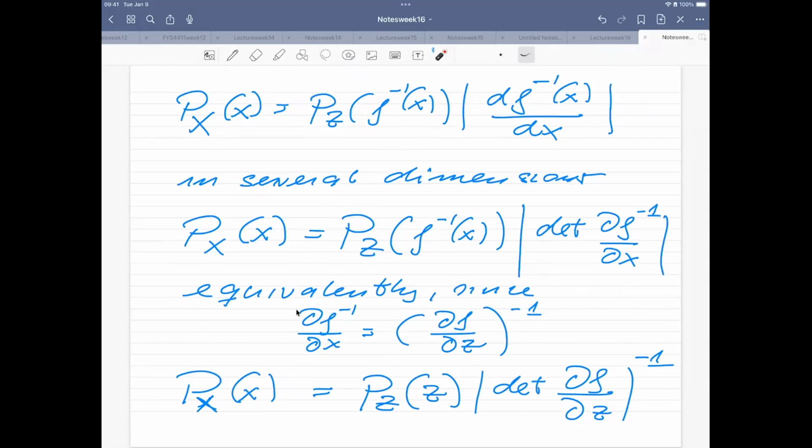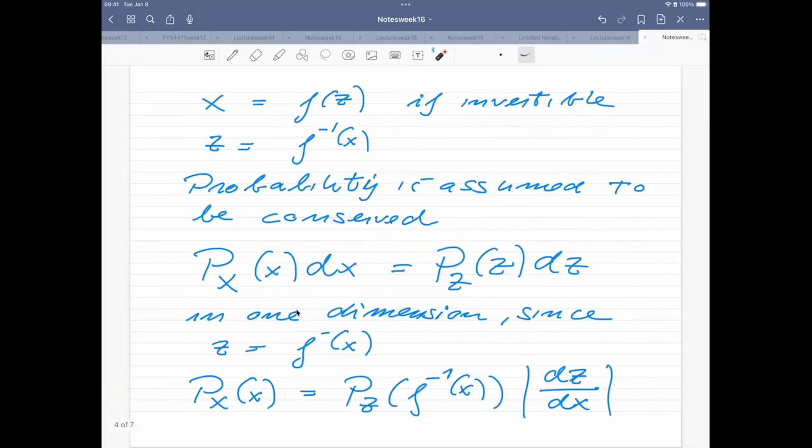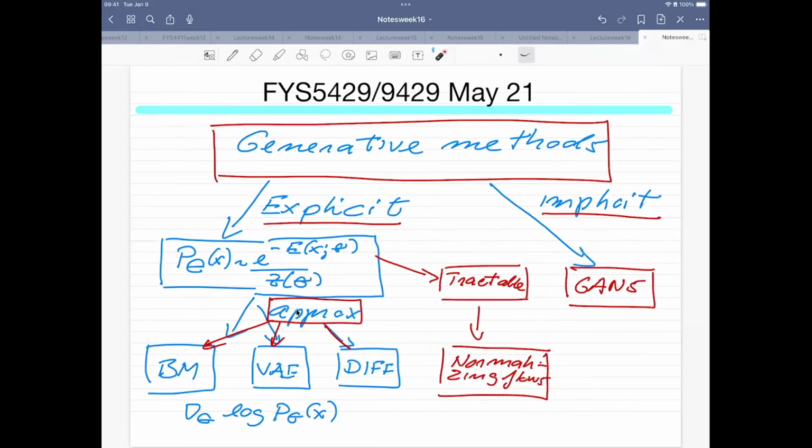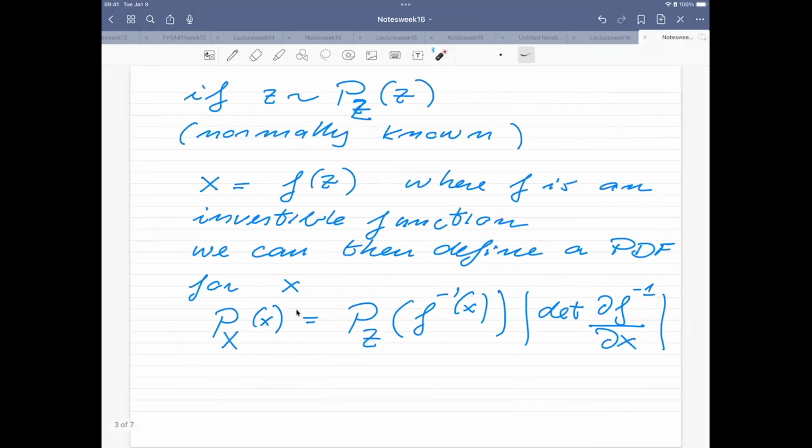So if we now go back to these different methods which we have been dealing with, you see that the class of explicit methods where you make approximations leads to these very popular methods, where in one way or the other we are optimizing this quantity. This is the quantity we want to drive to 0. Then, for the tractable probabilities, we need to be able to compute this equation here. And that is the basic recipe behind normalizing flows, which we haven't dealt with.